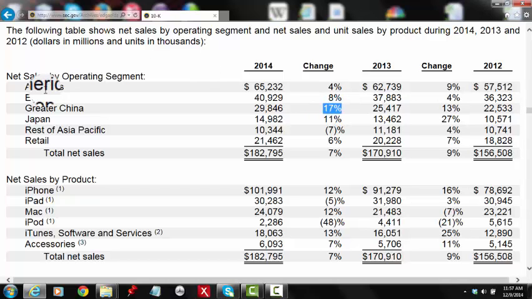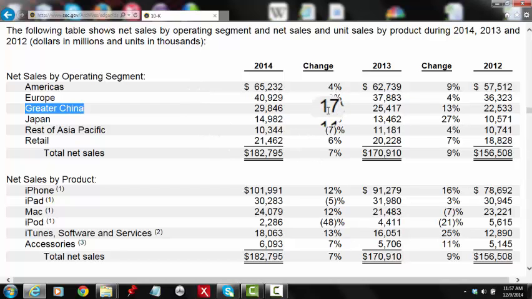So this gives us a very good clue how Apple's growth is dependent on the Chinese economy. This really makes it very clear. So if China somewhat slows down, a big portion of Apple's growth will also slow down. So that's something to keep in mind when we are evaluating.